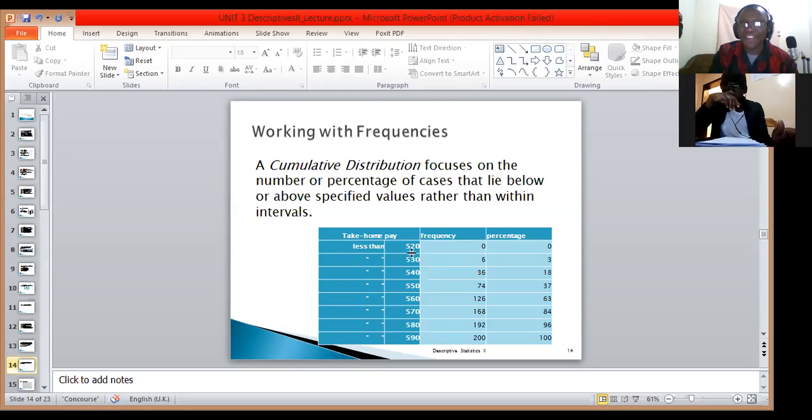So less than 520, the frequency is 0. But less than 530, meaning above 520 but less than 530, the frequency is 6.